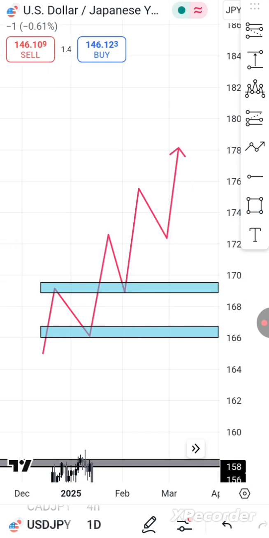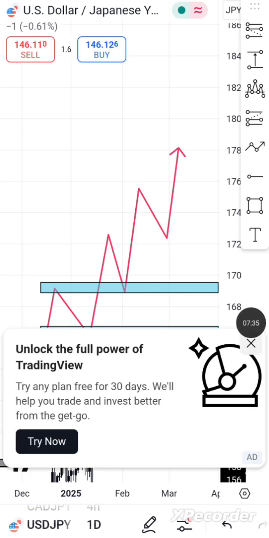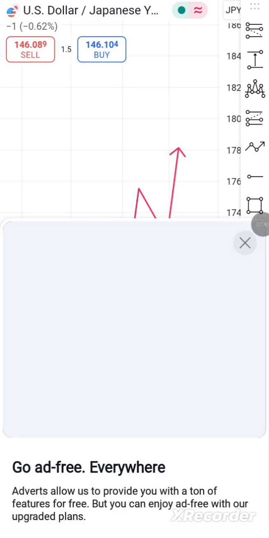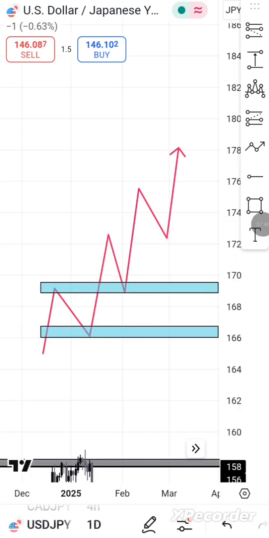Like I've said, our higher high can also become what? Our higher low. The reason why it becomes our higher low is when the price breaks our first higher high. So when the price breaks the higher high, which is our resistance, automatically it's going to turn to higher low.